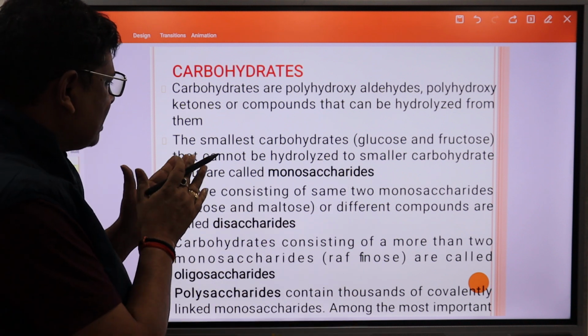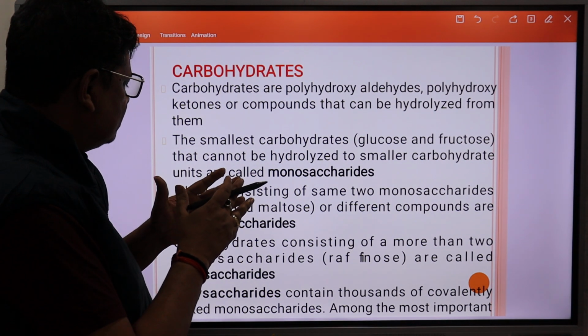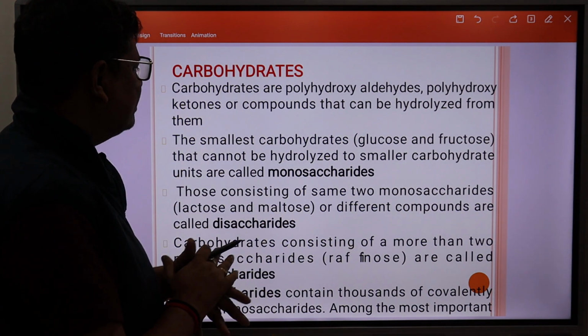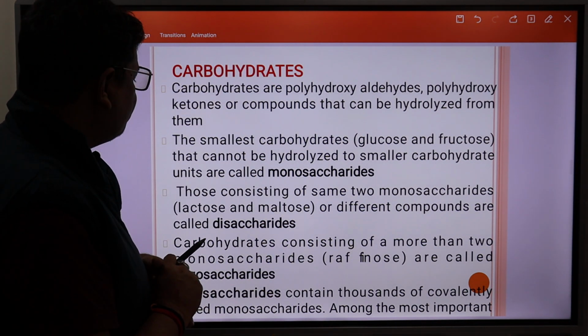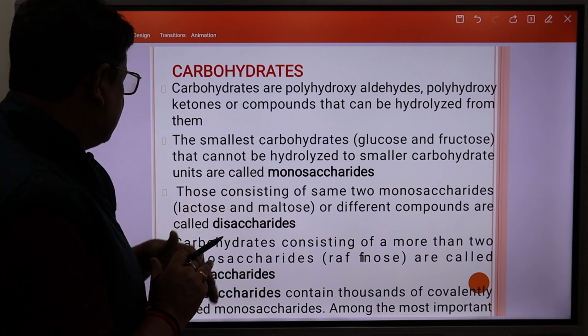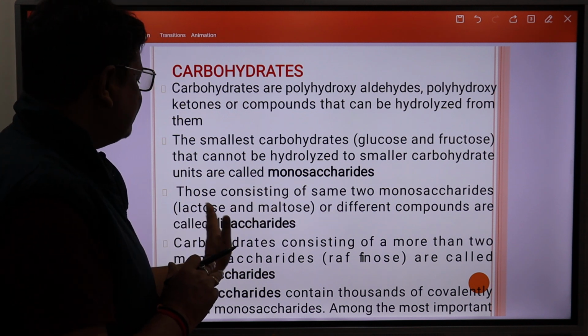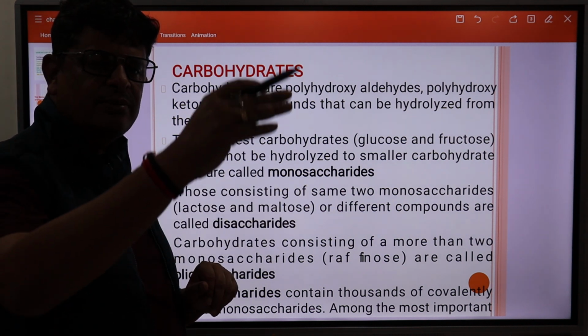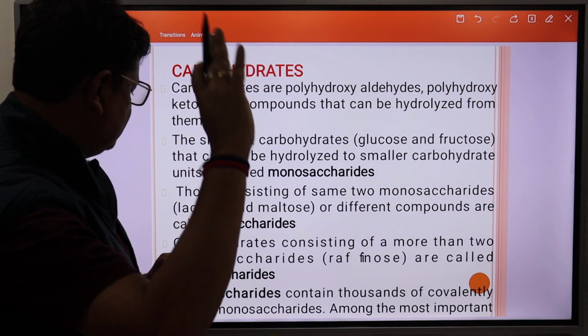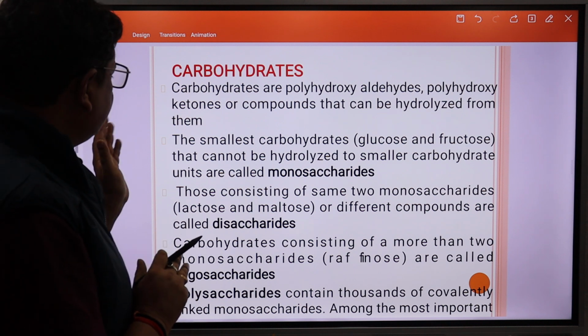That is why people are grabbing the monosaccharides from these complicated complex molecules. Those consisting of two monosaccharides, like lactose and maltose, are called disaccharides. Similarly, you can go up to polysaccharides. This is the ABCD level of information, and you need to begin with that.